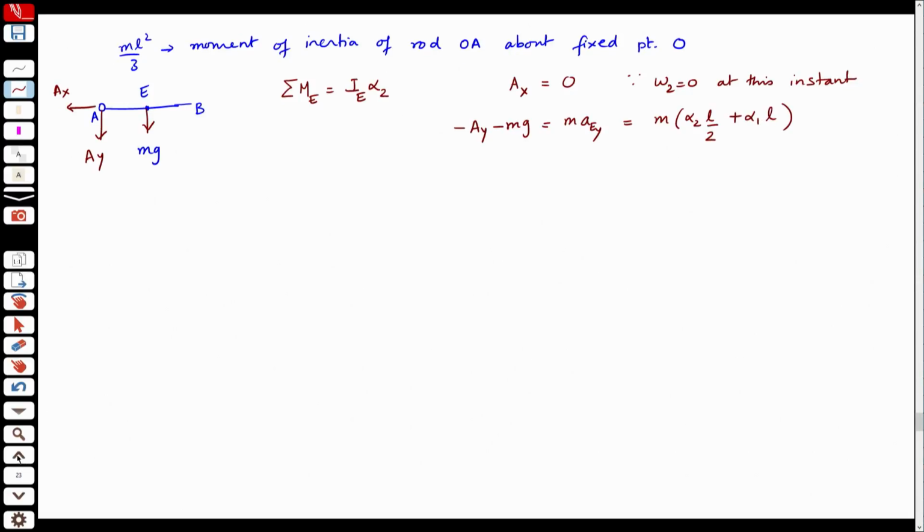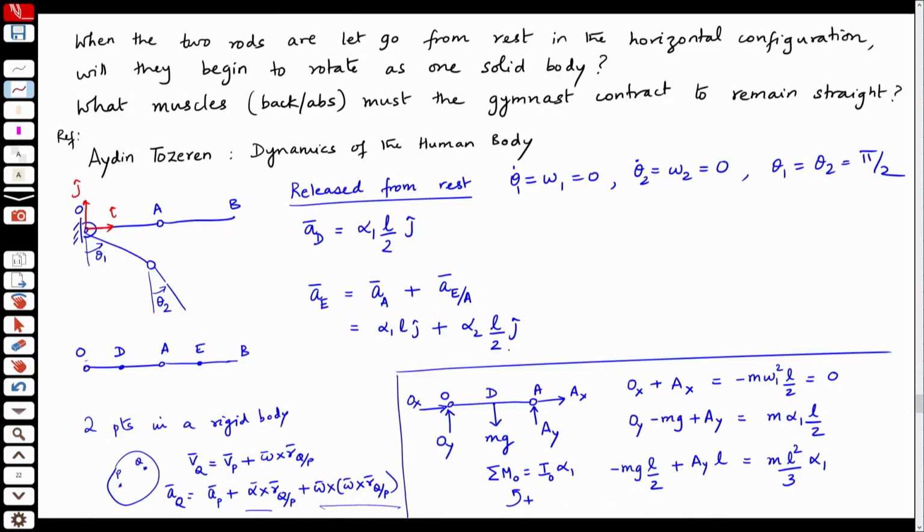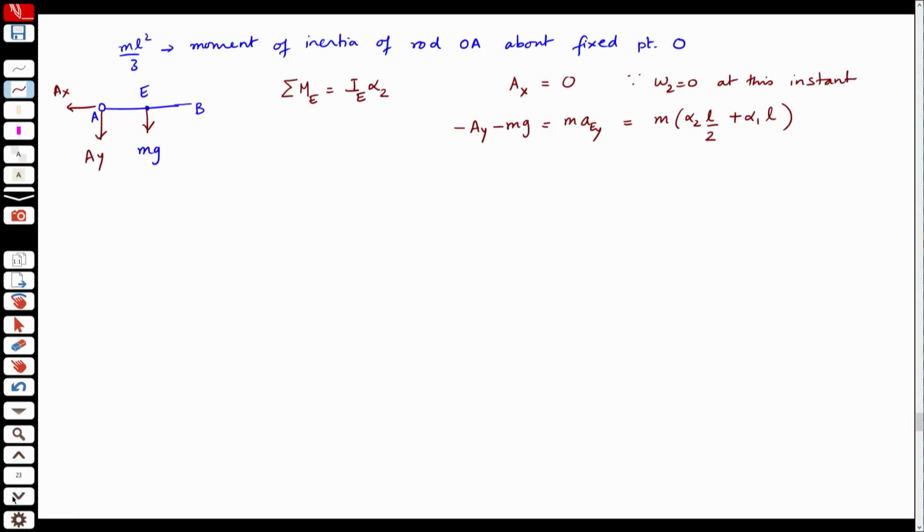I found in the previous step that alpha 1 L plus alpha 2 L by 2 is the acceleration of E. If I apply this for the third equation, I get AY into L by 2, no moment due to mg, no moment due to AX, is equal to, now it is about the center of mass.